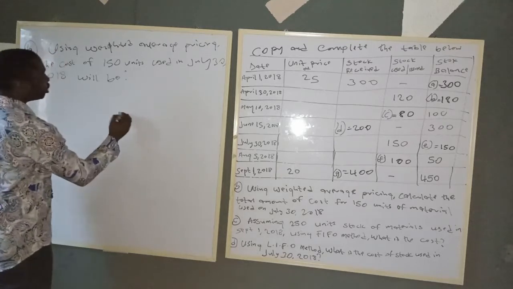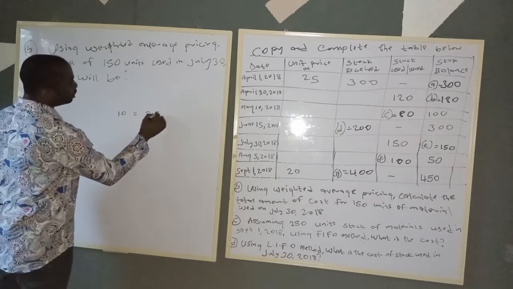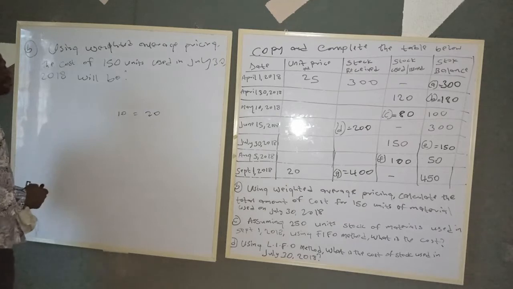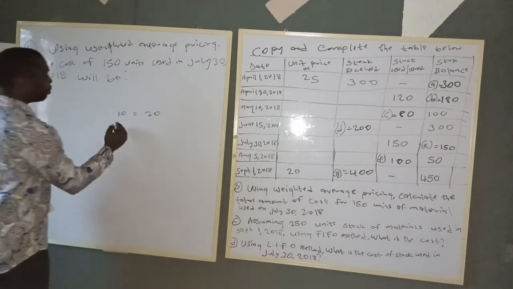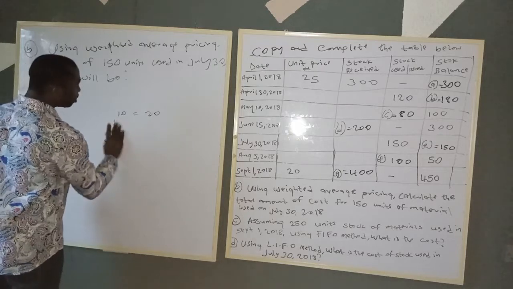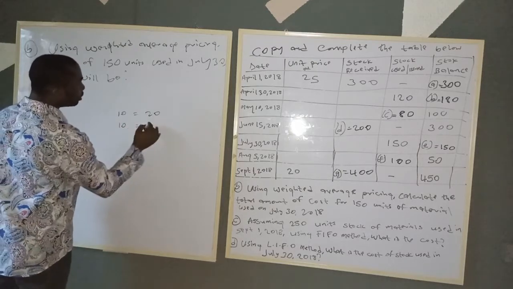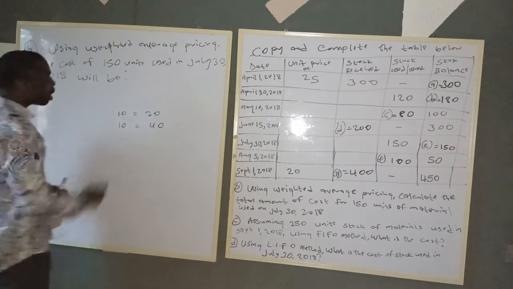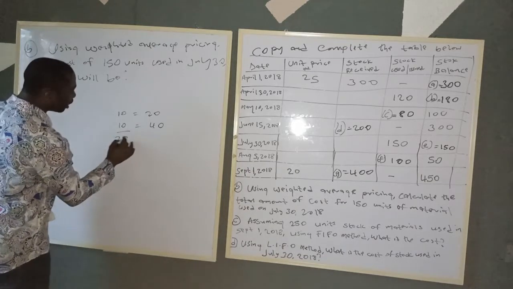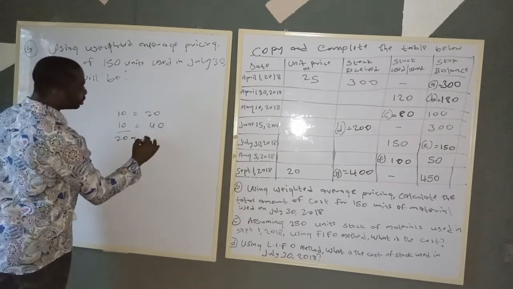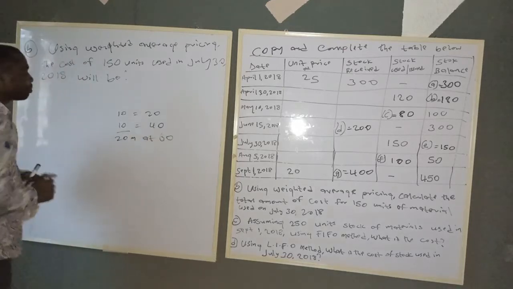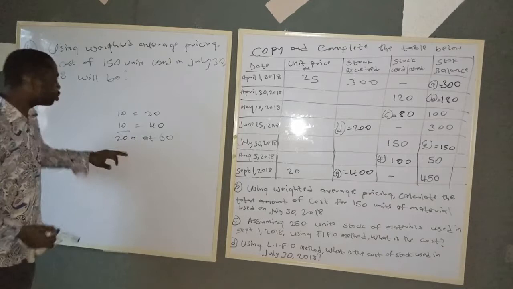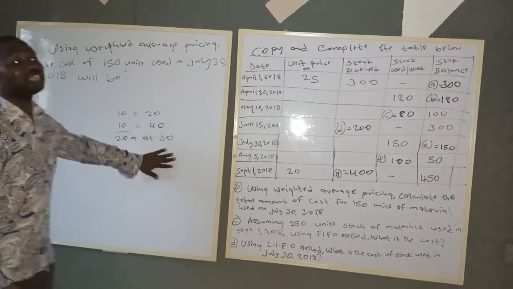Today, he bought 10 markers at 20 naira, then tomorrow again, he bought another 10 markers at 40 naira. Now making 20 markers at 60 naira.